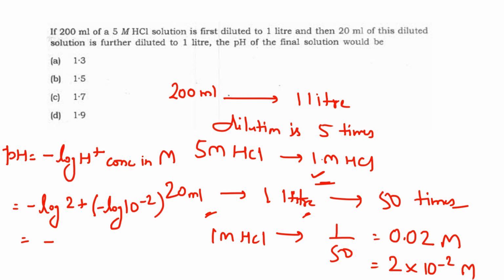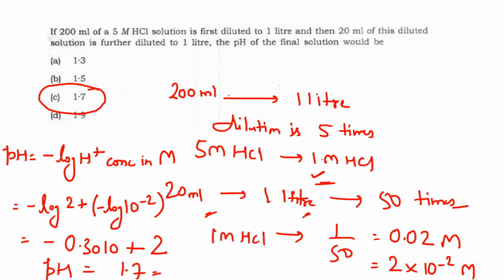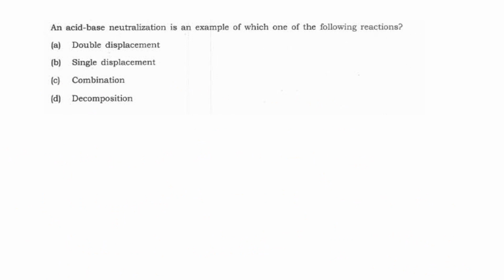We all know that the value of minus log 2 is equal to 0.3012, and minus log 10 to the power minus 2 would become plus 2. So when this value is subtracted from 2, the pH is equal to 1.7. So the correct option would be C. So for this, option C is correct.